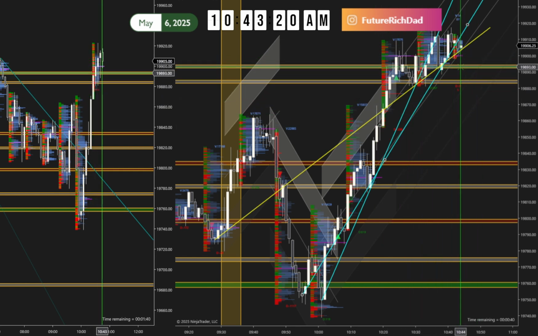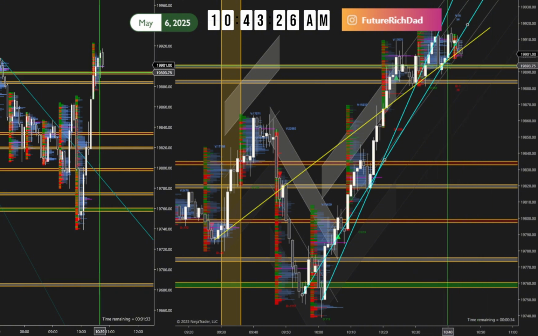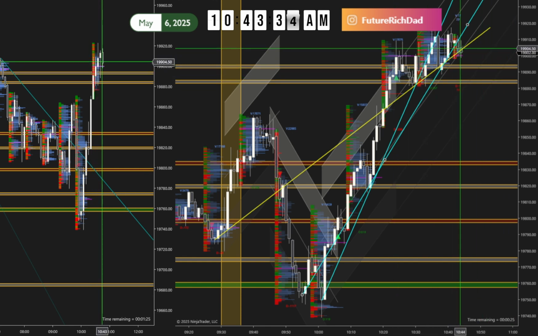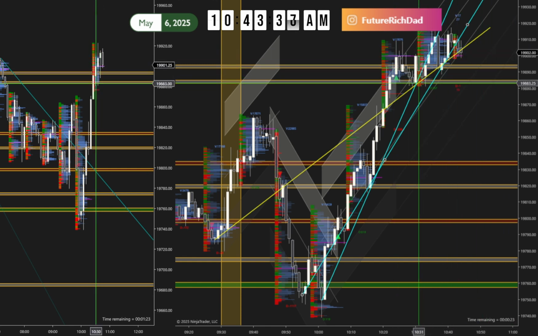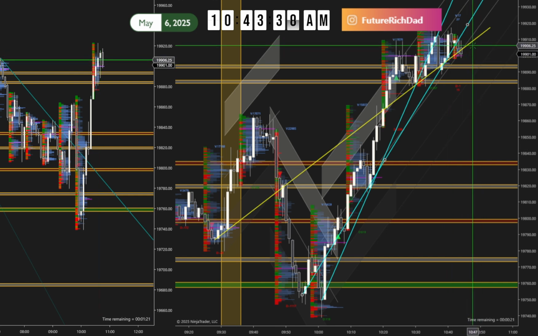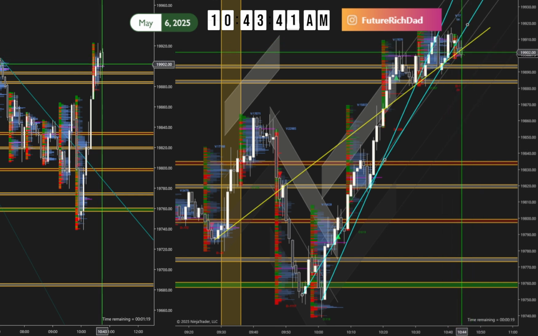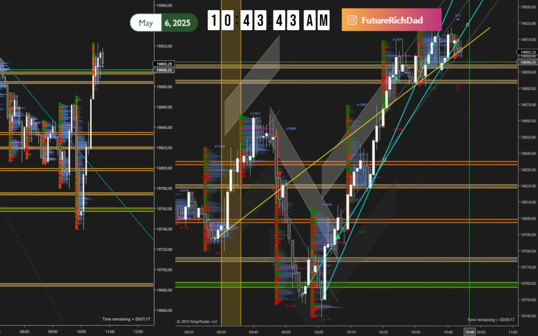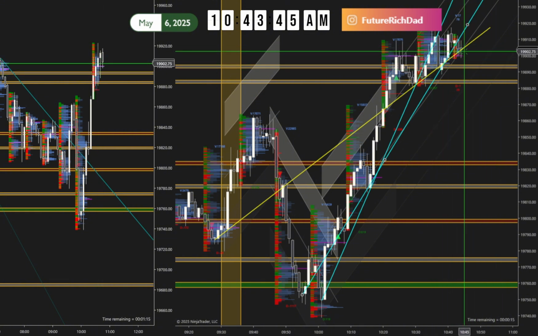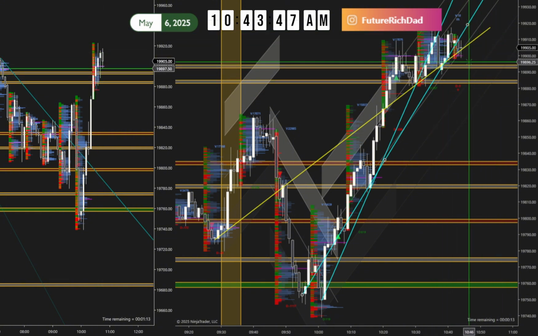So if we break below here, good sign that we will continue to this area, and then we have to assess if price is moving in or past this support. There's a little bit of resistance in this projected trend line, so we will see if we move towards the downside. There's 20 seconds left here, so we will see if we move up then down.